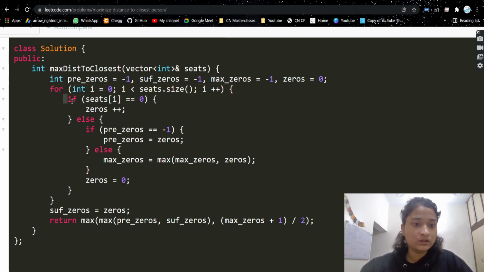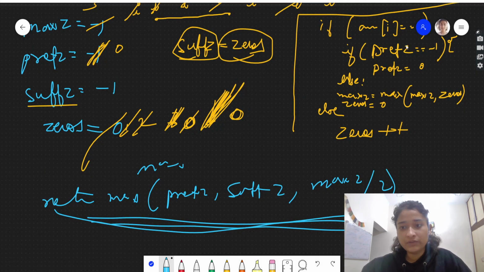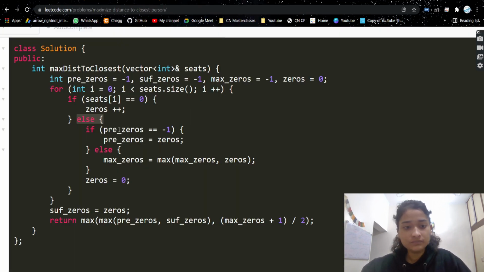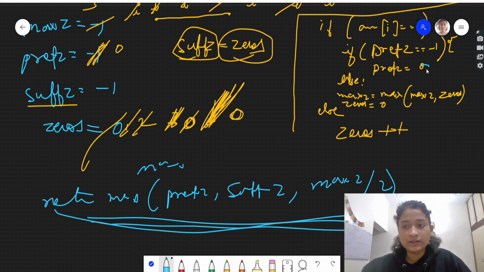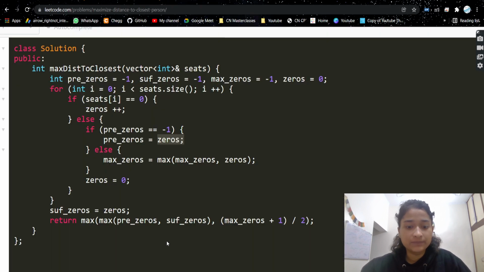If the seat is 0, just increment the zeros variable. Else, we were checking if the prefix zeros is -1. If prefix zeros is -1, update prefix zeros to be zeros. So yes, over here you need to make it zeros, because whatever the current zeros we have, we have to update that in this.